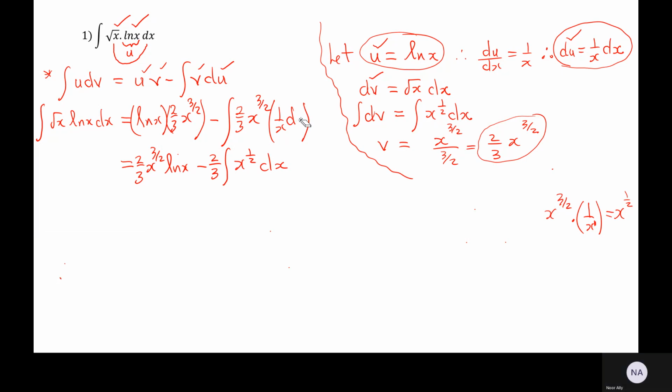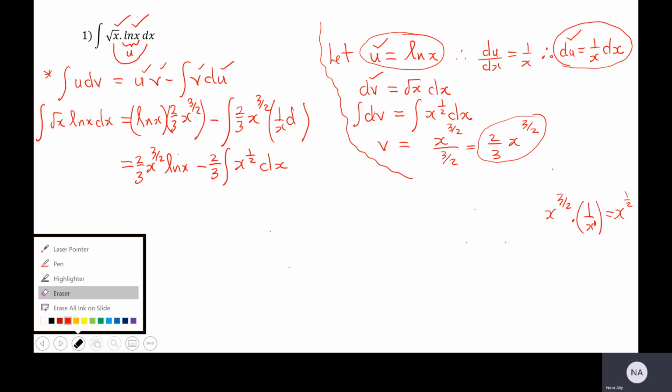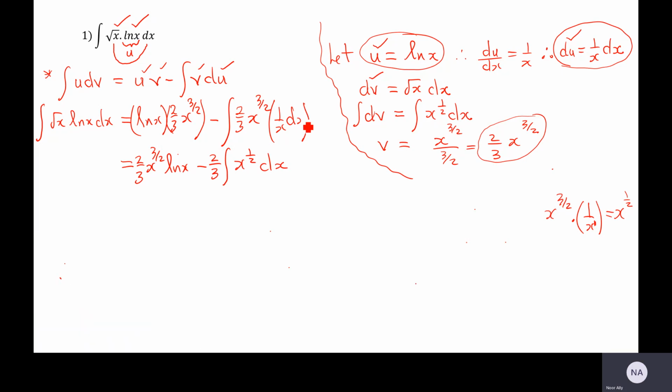Now, once we have done that, all we have to do is work on this integral. Now I'm going to pause there because yes, this particular integral is very easy to work out. But that integral could be a U substitution.